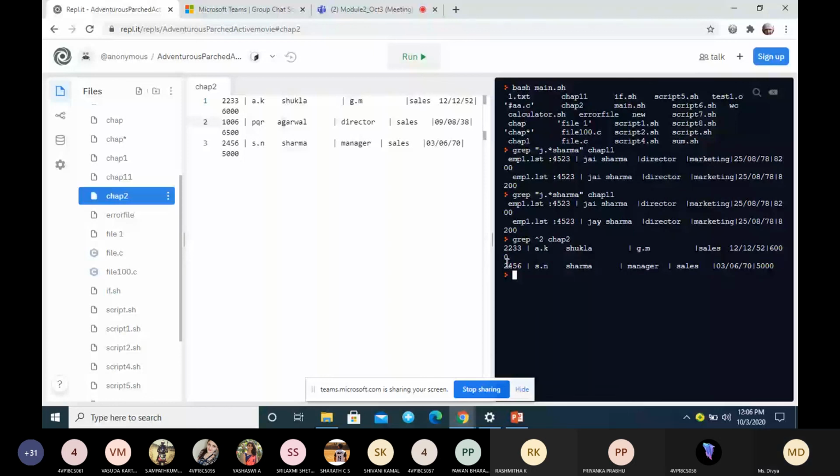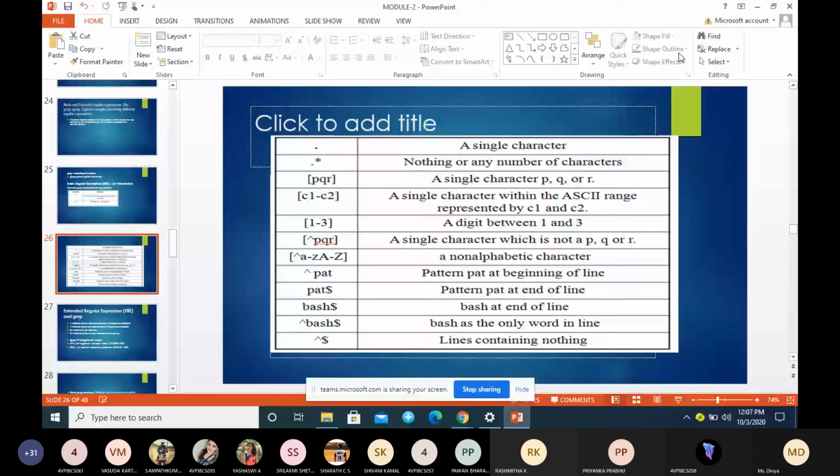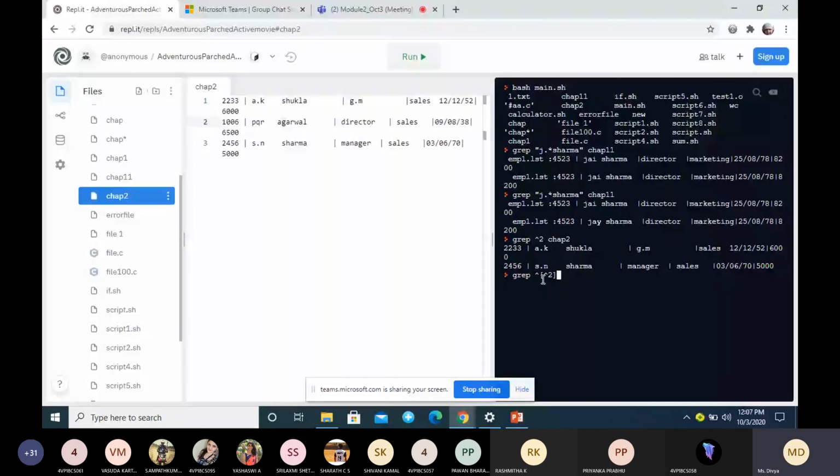There is one more special case. If I write grep, and if I write like this, a negation, and in the bracket one more negation, so this will tell match all the lines but not beginning with 2.